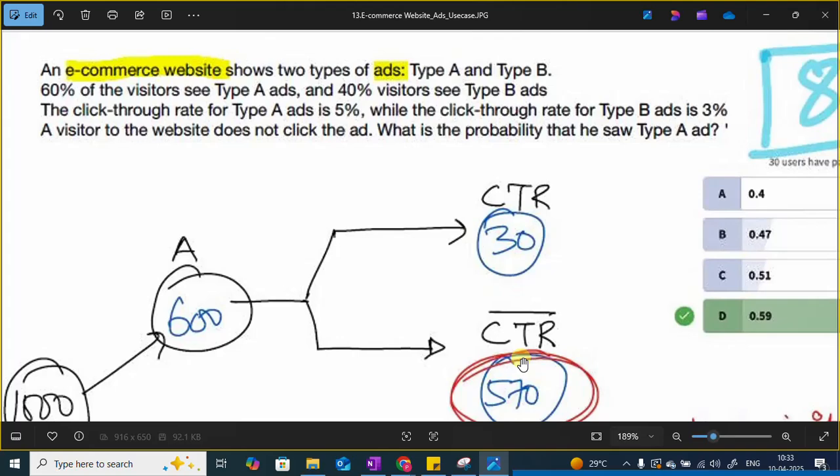Now, 60% of the visitors see type A ads. For example, 60% of the people are looking at, let's say, mobile ads, and 40% of the visitors see type B ads, related to t-shirt and all. Okay, the click-through rate: generally whenever you are seeing an ad, think about real time. Let's say you are watching a video on YouTube.